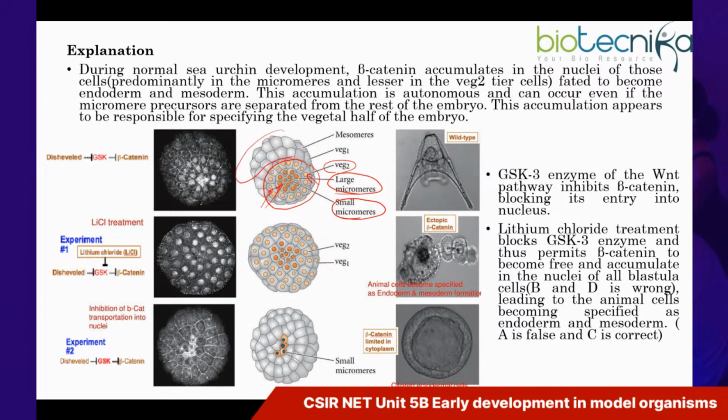In the cells where beta-catenin is not there, that is the mesomeres and Wedge1 cells, those have become ectoderm. And these have become mesoderm and endoderm. So overall, a wild type embryo has formed. This is a Pluteus larva. Okay.